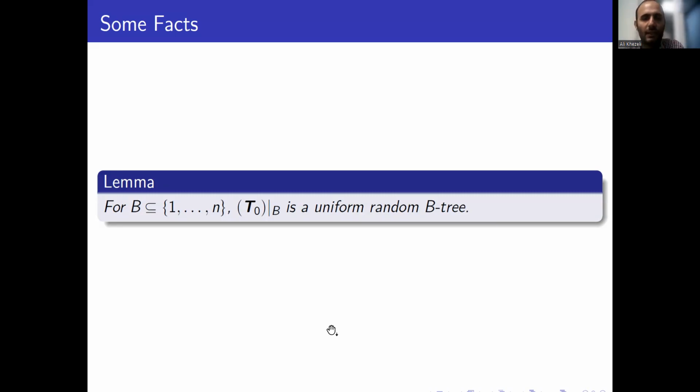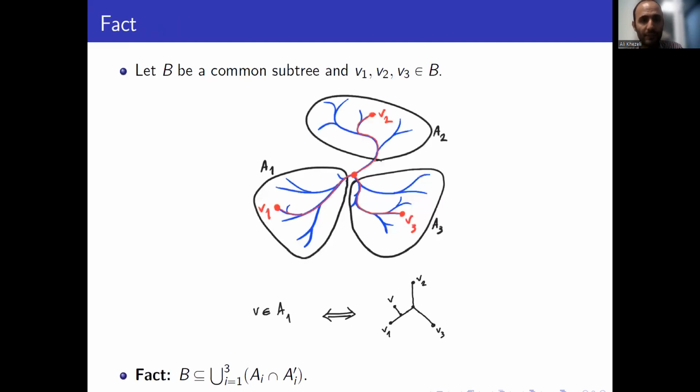For example, if B is the subset 1 to n minus 1, we can show that every tree with leaf set B appears with probability 1 over Cn. Using counting, we can compute the probability exactly. I skip the exact proof here.